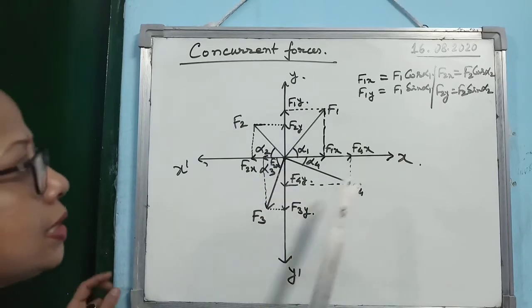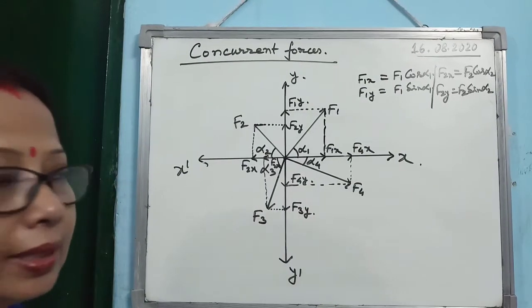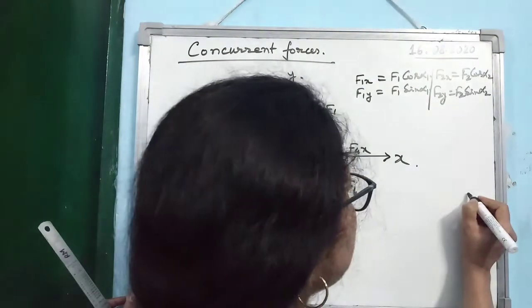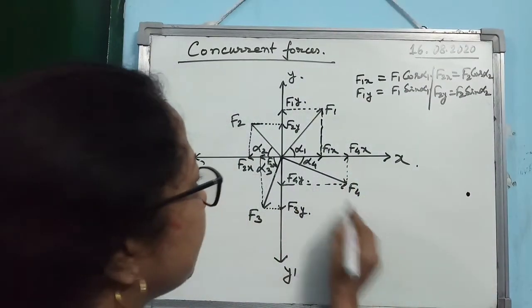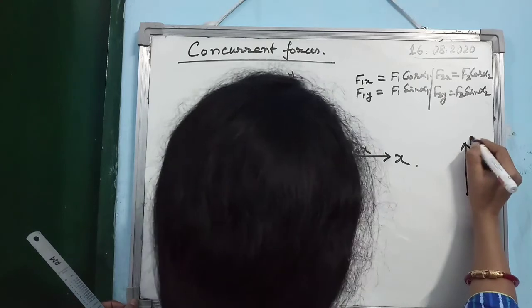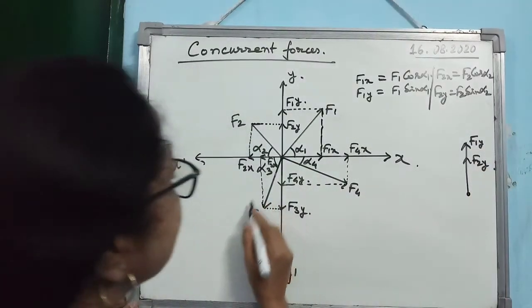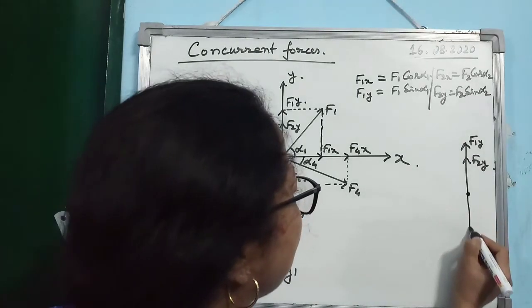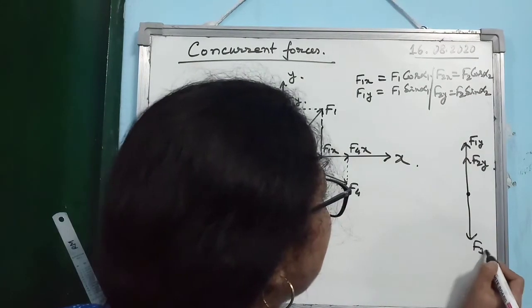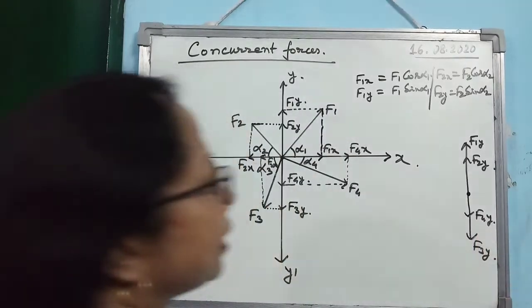Now, once you have broken all the forces into x and y components, then you see what you are getting. I am drawing it separately. If I consider the y component, then this is F1y, then this is F2y, then you see F3y is in the downward direction, F4y is in the downward direction.